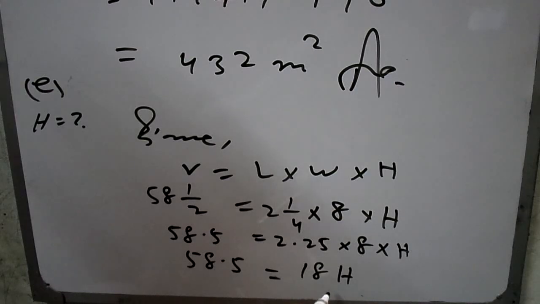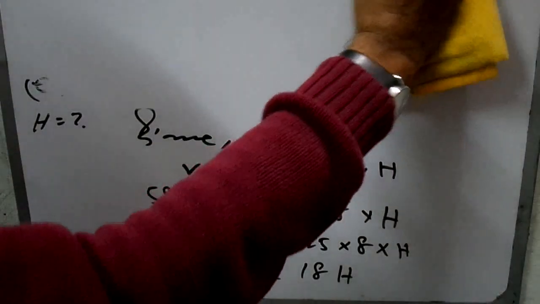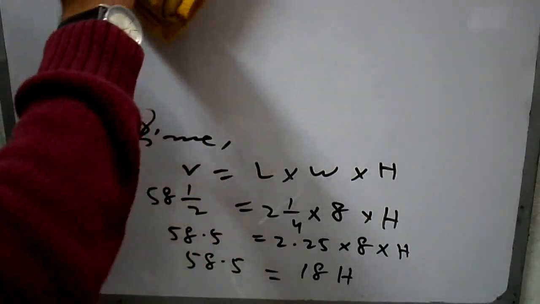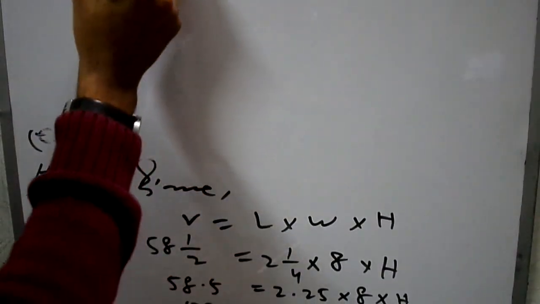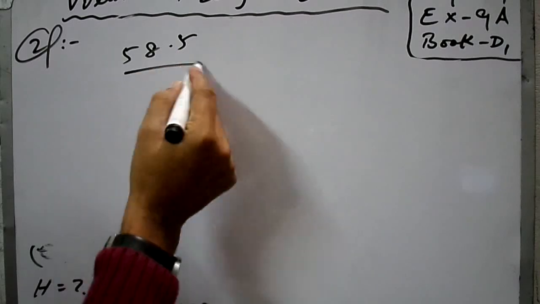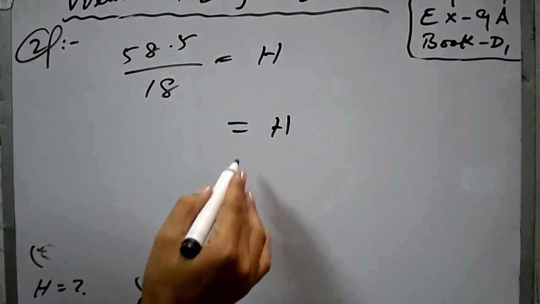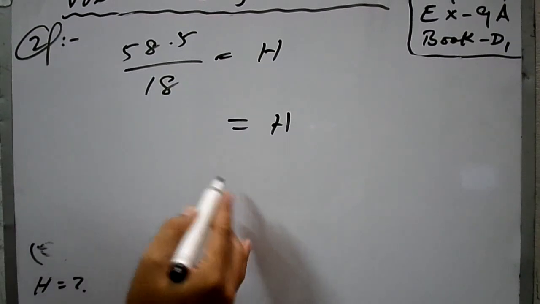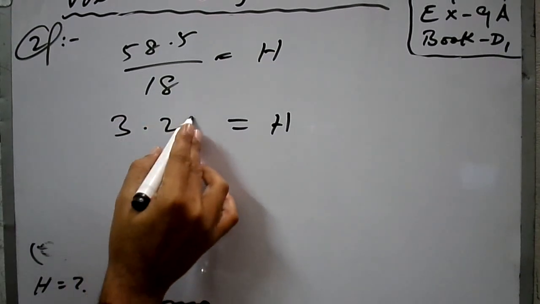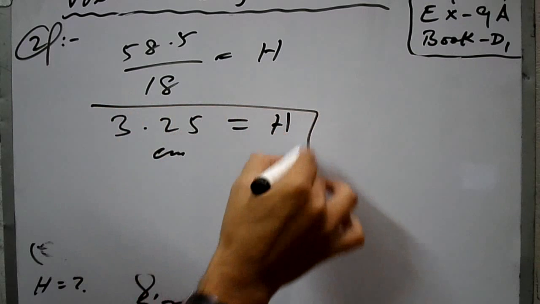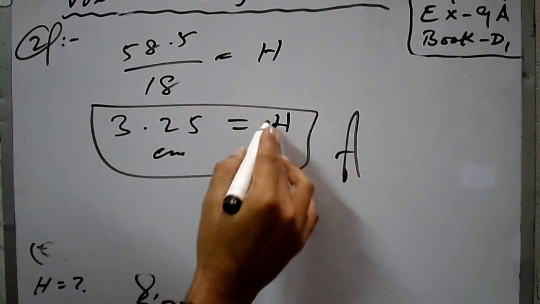You need the value of h, so divided this by 18. You can see here that is 58.5 divided by 18, that is your h. So the value of h is 3.25 centimeters. So that is your required result.